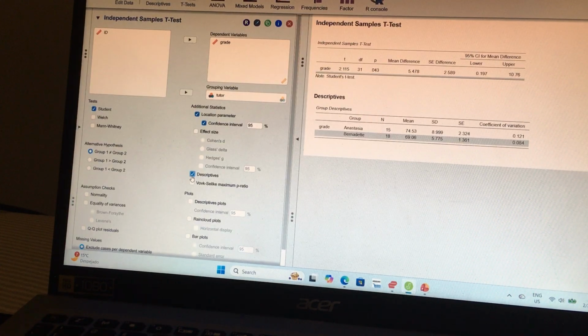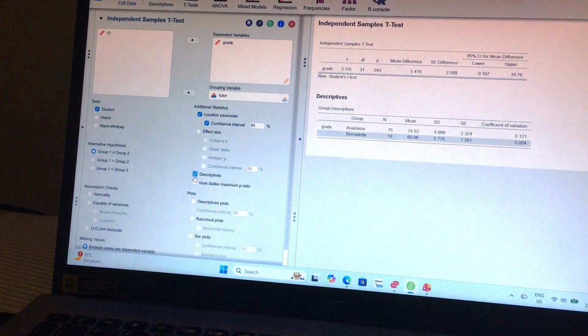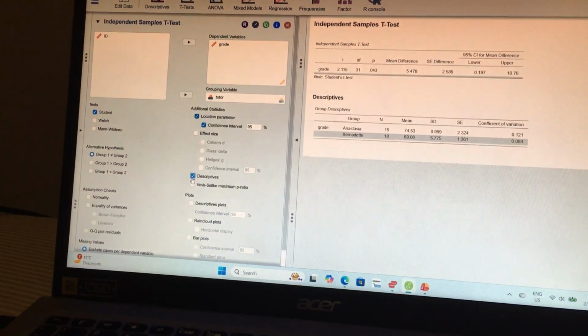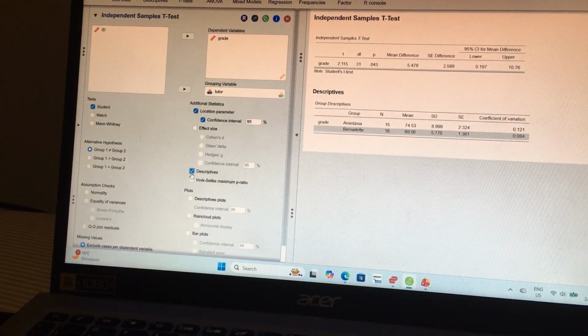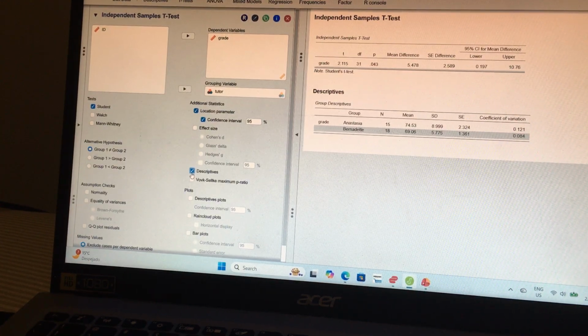But in fact, it's not at all uncommon for two people who are working independently to end up with results that are pretty much identical, except that maybe one person has a negative t-value and the other is getting the positive t-value. Assuming that you're running a two-sided test, the p-value will then be identical.